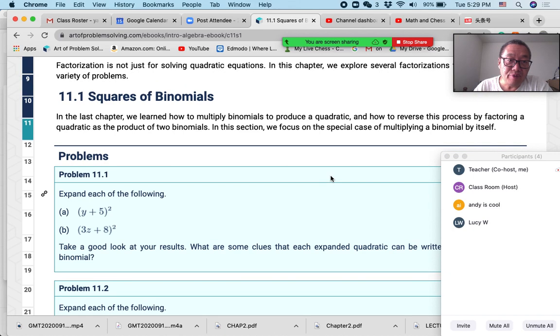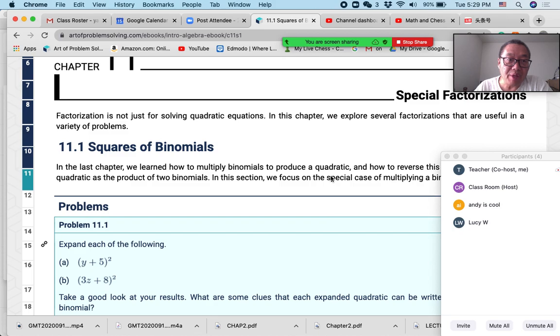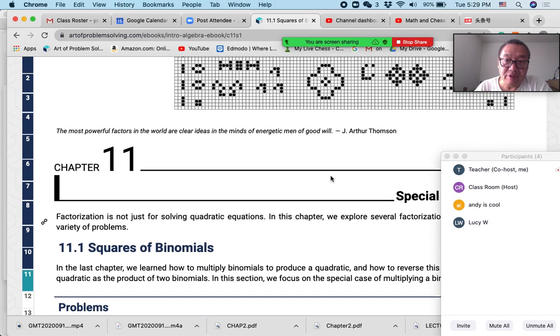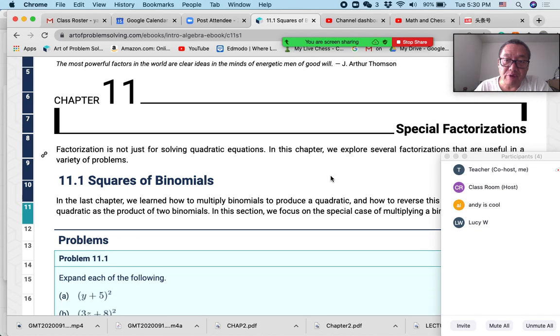Today we'll start to learn chapter 11. This chapter will focus on special factorizations. Actually, we already learned this one before, but here we will try to extend the application of factorizations.